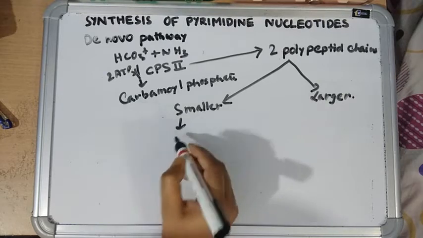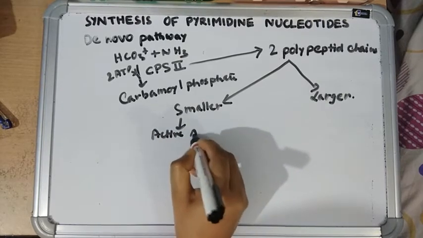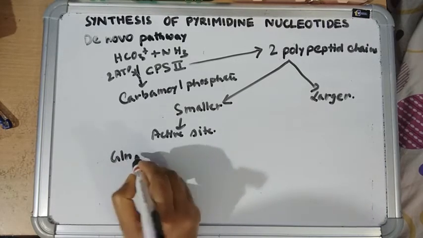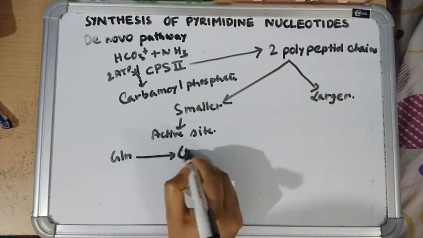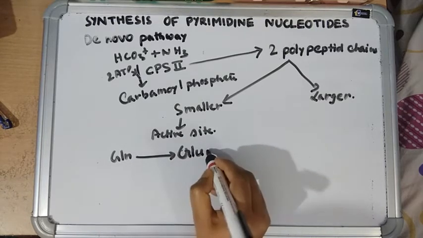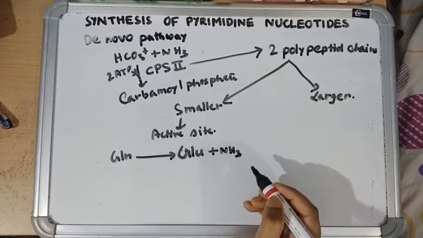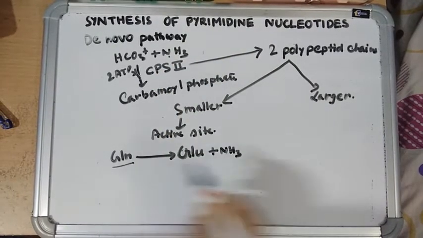Smaller chain contains an active site in which the glutamine is hydrolyzed to glutamate and ammonia. So this is the glutamine hydrolysis site. So this ammonia is supplied by glutamine.